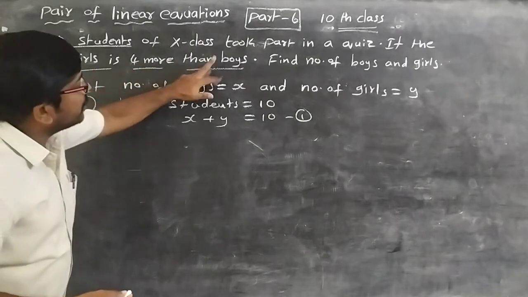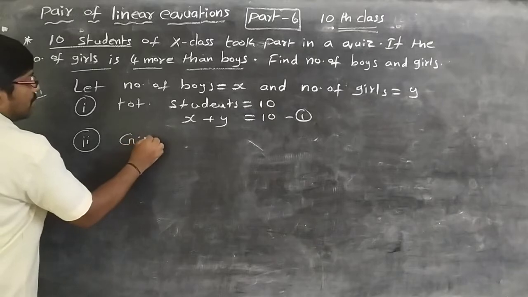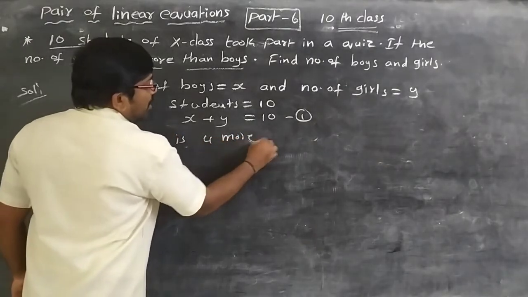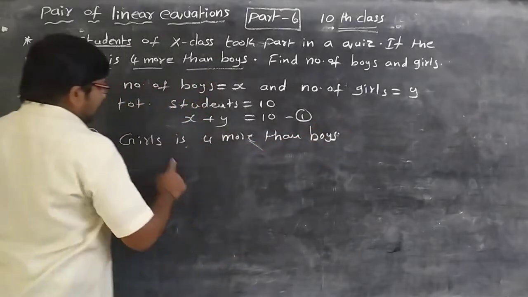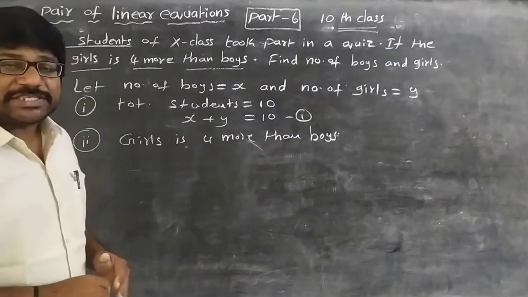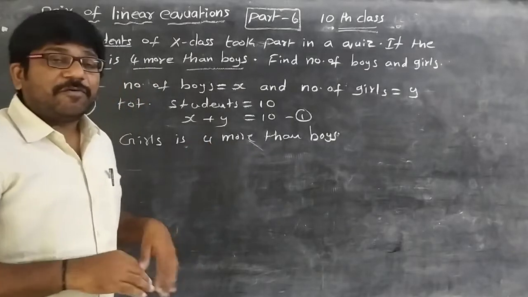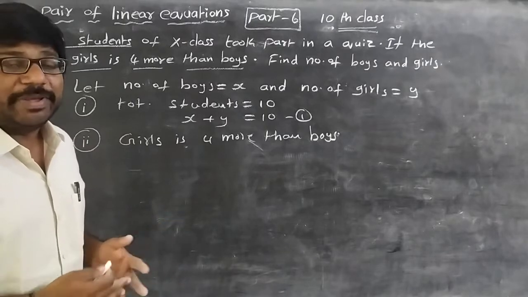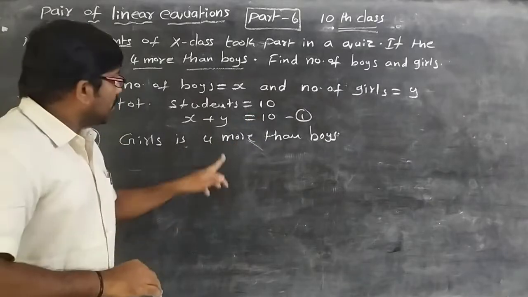Girls is 4 more than boys. That means the difference between girls and boys is 4.